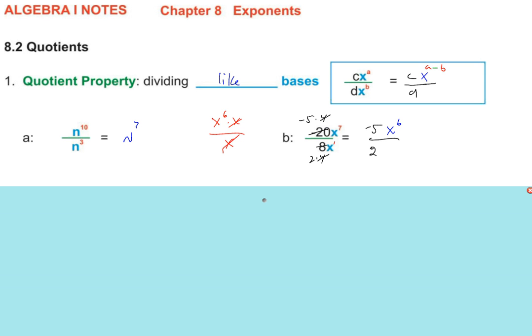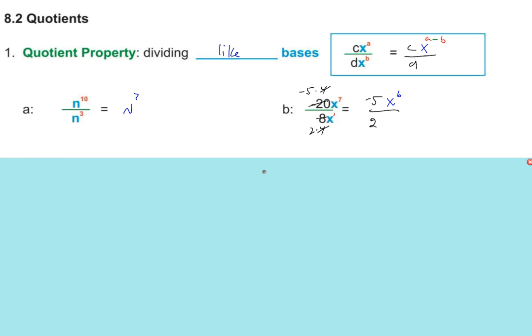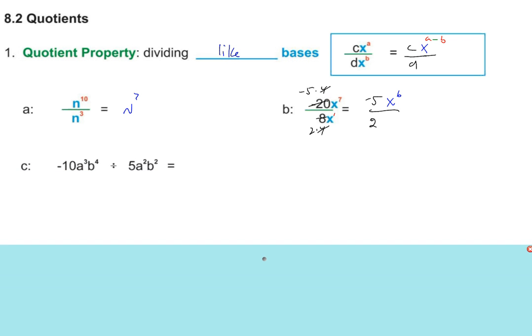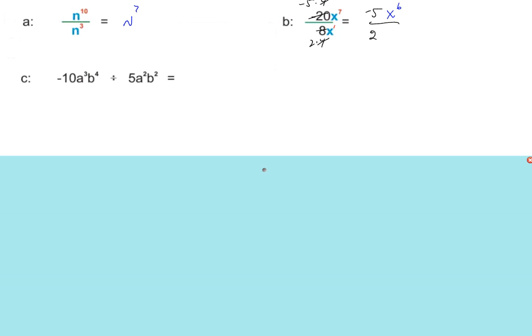X to the 6th. Remember, the rules are shortcuts to taking care of these things. So if you had 7 of them in the top and 1 of them in the bottom, the 1x in the bottom wipes out 1 of the 7 in the top, and it leaves you 6 on the top. That's all you need to think. If you can get to thinking that way, you'll be in better shape.